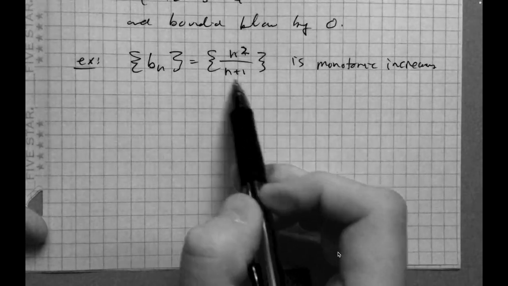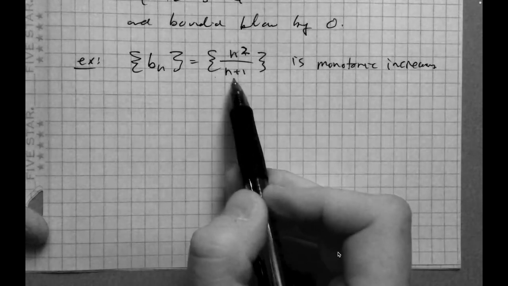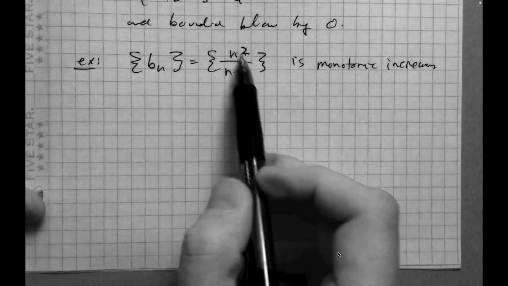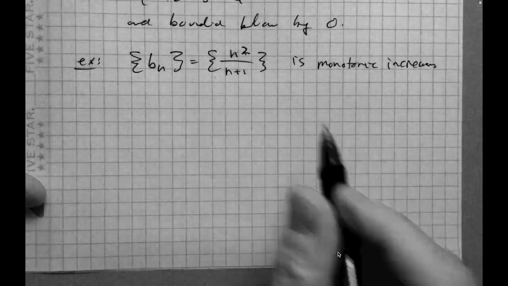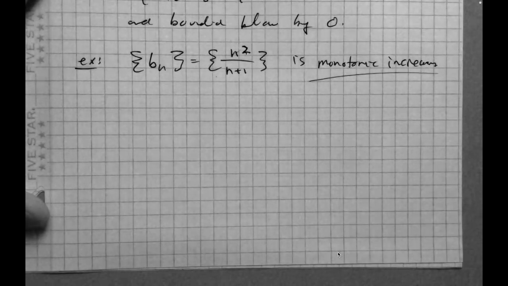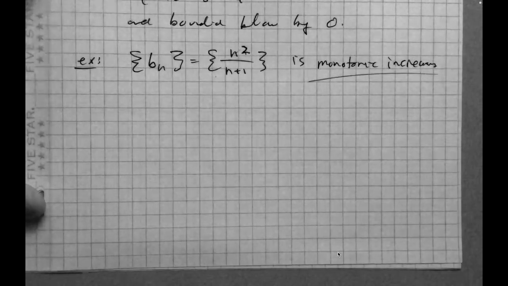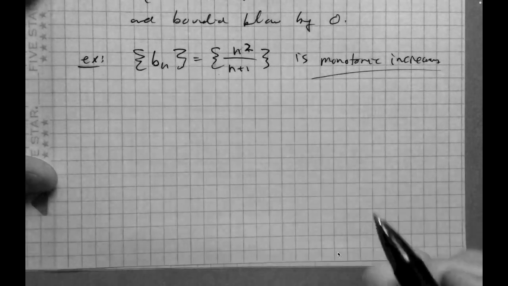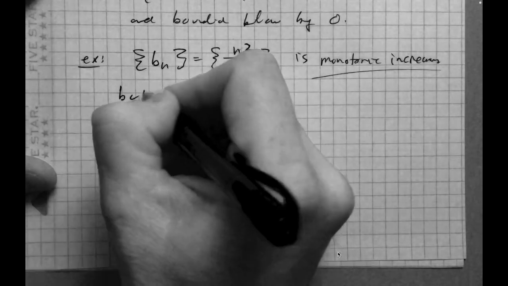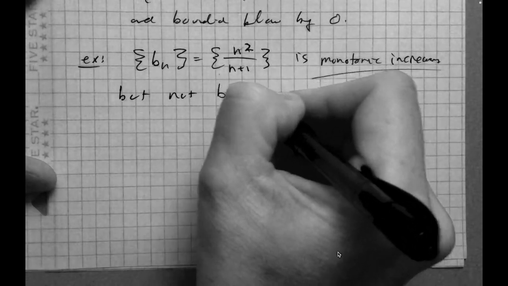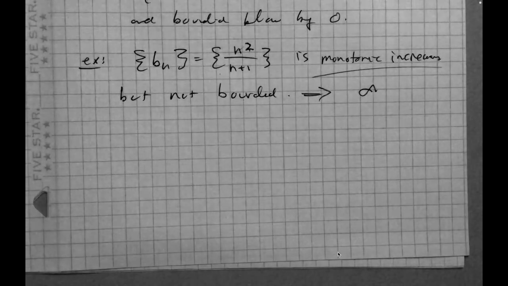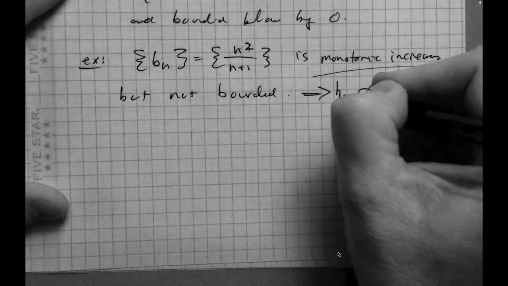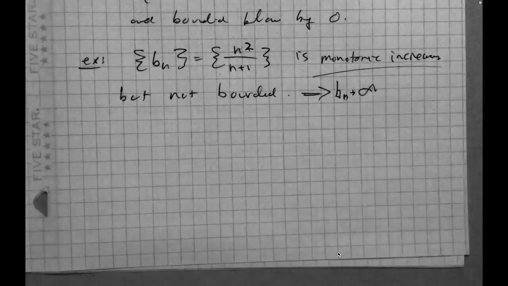So you're adding 1 to the denominator each time, and you're squaring the numerator, so obviously the numerator is going to grow much faster. This is monotonic increasing, meaning it never gets smaller, it just gets larger. But is it bounded? It's not bounded. So it's monotonic increasing but not bounded, so this is going to diverge. B sub n goes to infinity is what I should say.